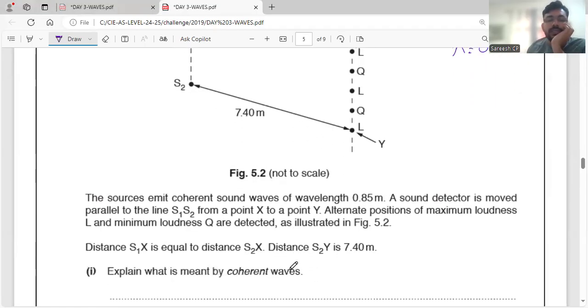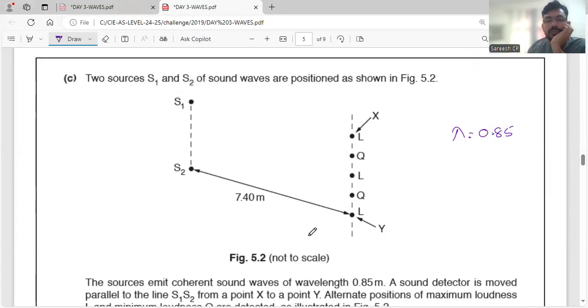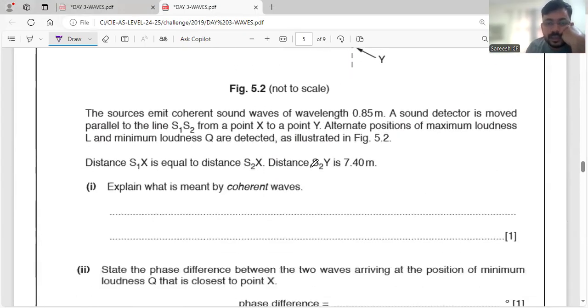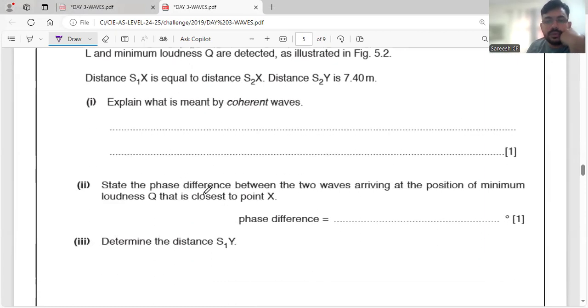The distance S1X is equal to S2X, which is 7.4. Then explain what is meant by coherent sources, which I'm not going to discuss.